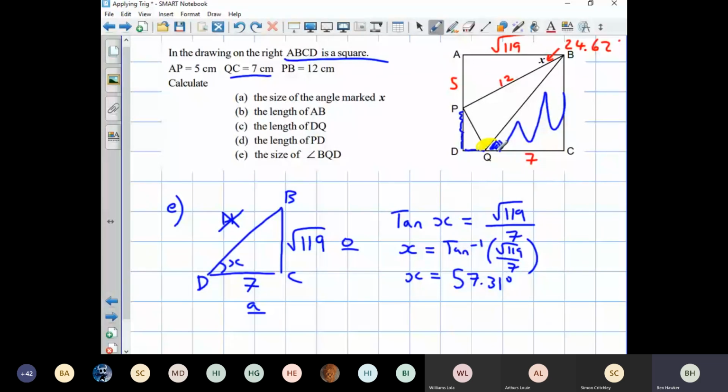I'm after BQD, so BQD is equal to 180, because it's along a straight line, subtract 57.31, which will give me 122.69 degrees. So that's how I've worked that one out.